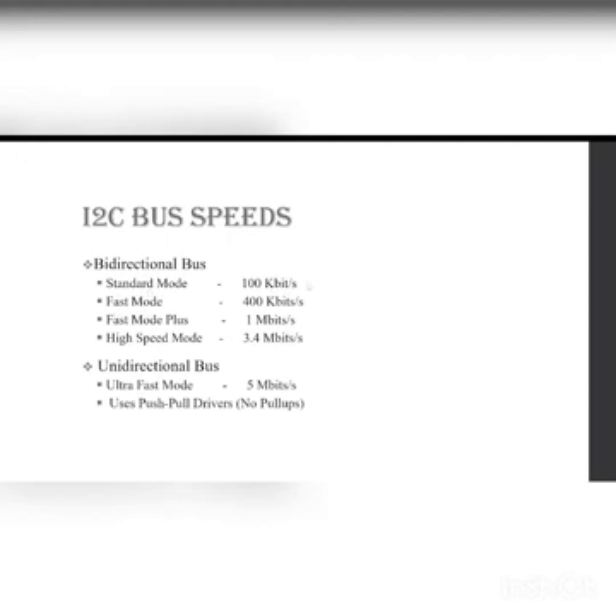Fast mode takes 400 kbits. Fast mode plus takes 1 megabit. High speed mode takes 3.4 megabits per second. Unidirectional bus, ultra fast mode, takes 5 megabits per second. It uses push-pull drivers.